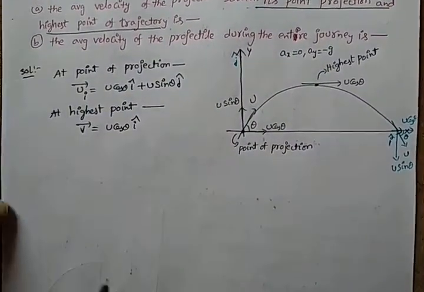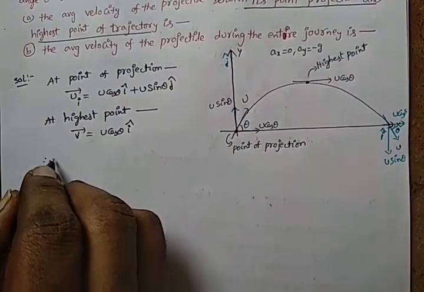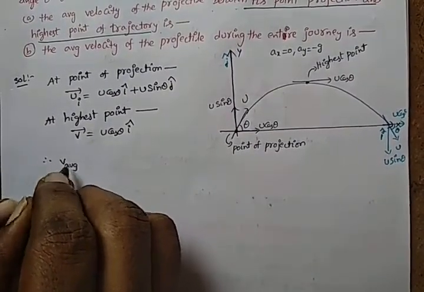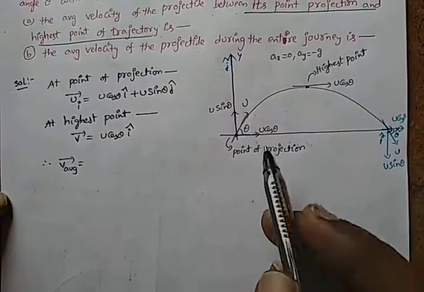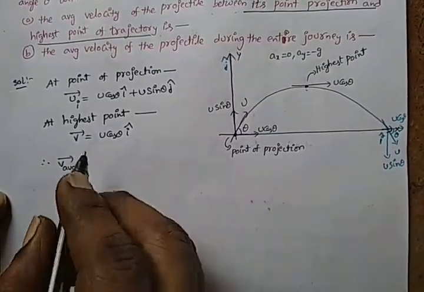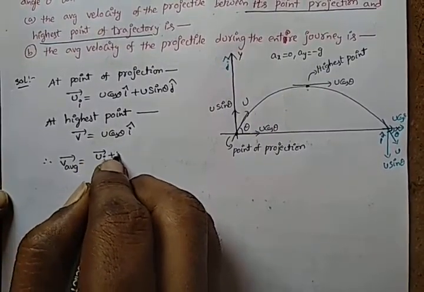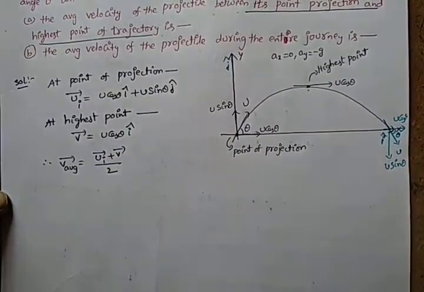Okay, therefore the average velocity when the projectile travels from point of projection to highest point is measured from (u initial plus v) by 2.